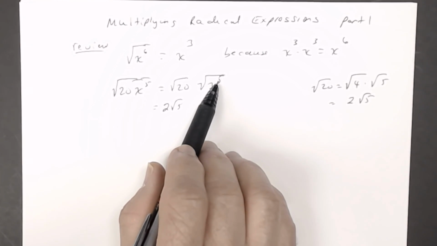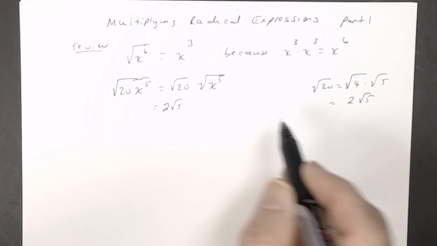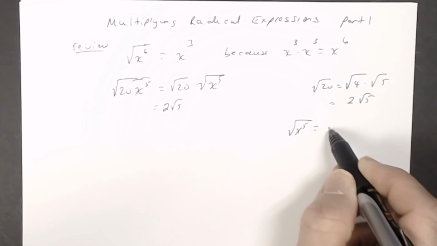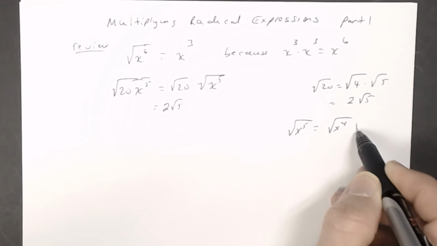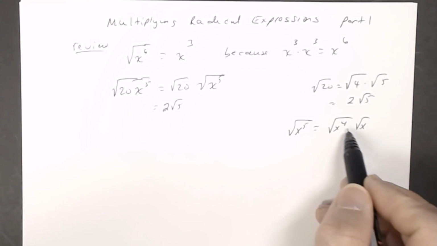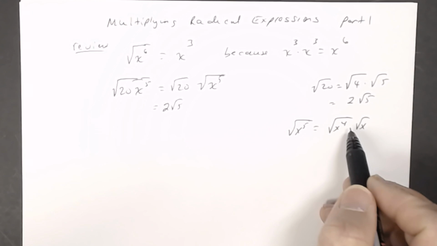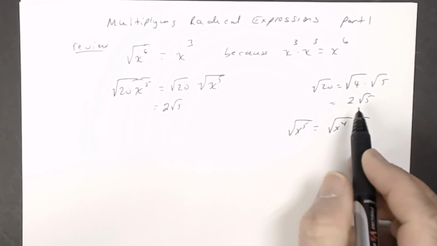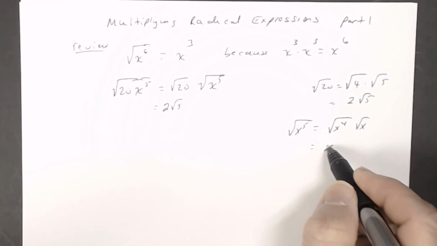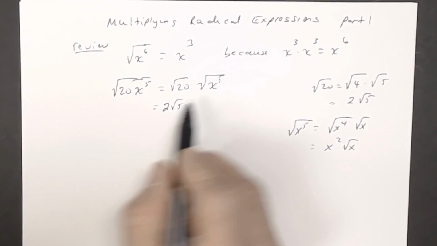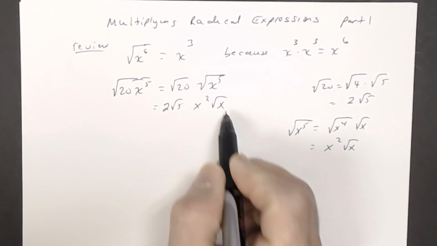Well, we said 4, right? So we rewrote this as the square root of x to the 4th times the square root of x, because when you multiply like bases, you add exponents, so 4 plus 1 is 5. The square root of x to the 4th becomes x squared, so that became x squared, square root of x.